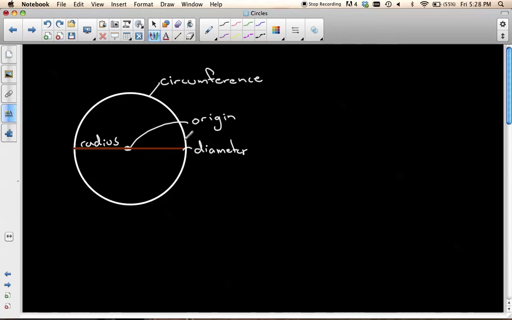So whenever we're looking for the circumference, so we want to know how long the outside of the circle is, there are two formulas that we deal with. One is if we know what the radius is. Our formula is 2 times pi times the radius, and that will give us the circumference.